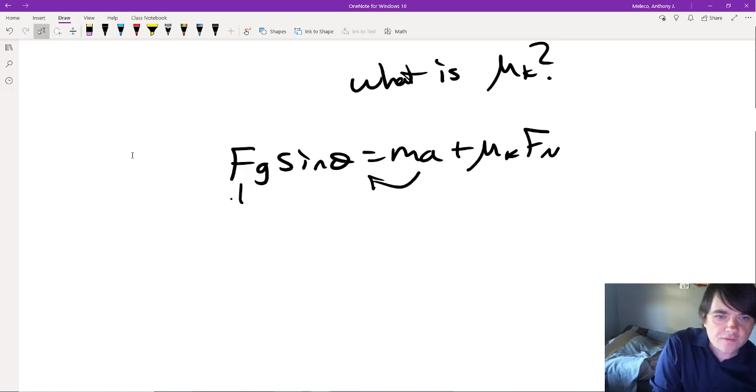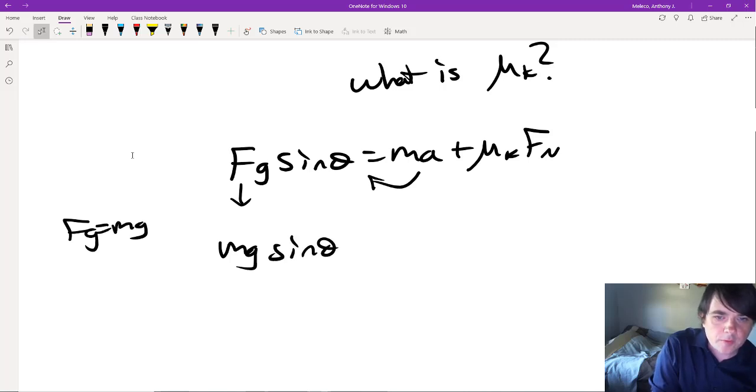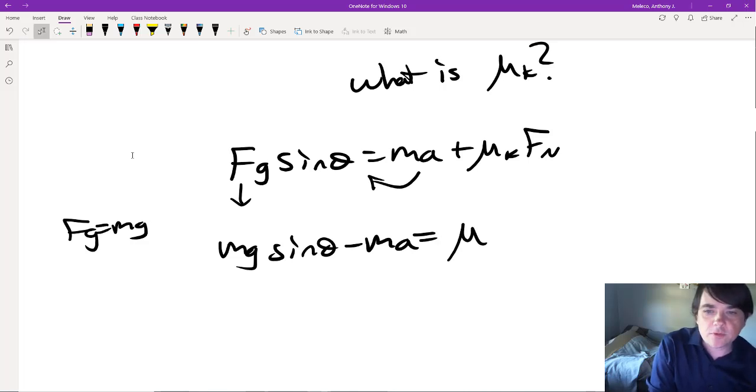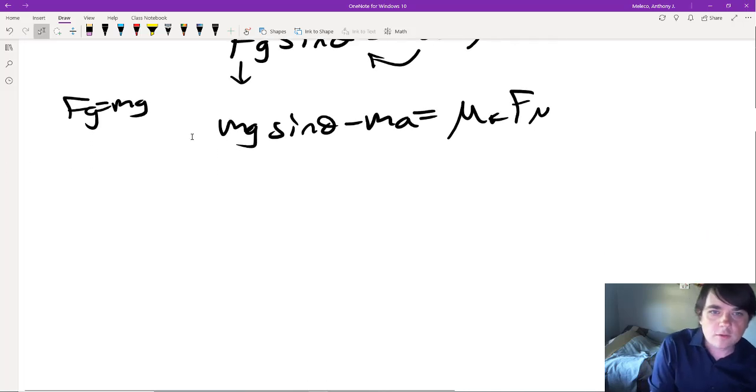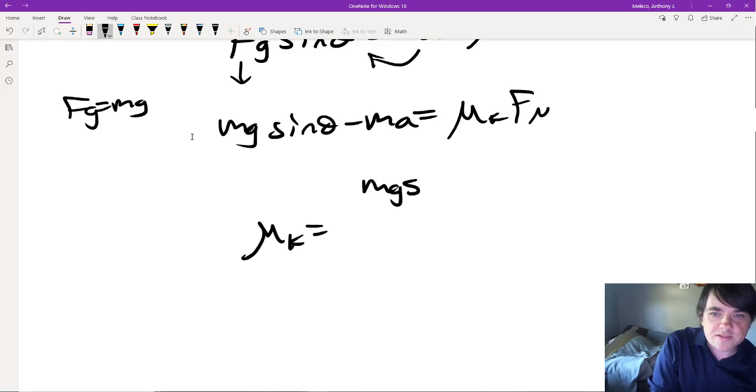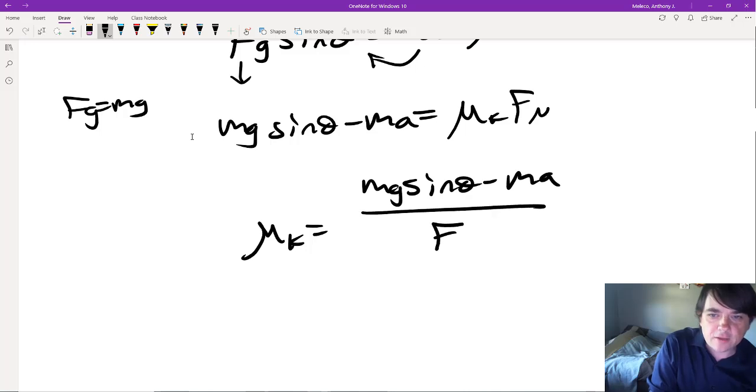We can go ahead and call this mg again. Remember, Fg equals mg. So mg sine theta minus ma equals mu k Fn. So mu k equals mg sine theta minus ma over Fn.